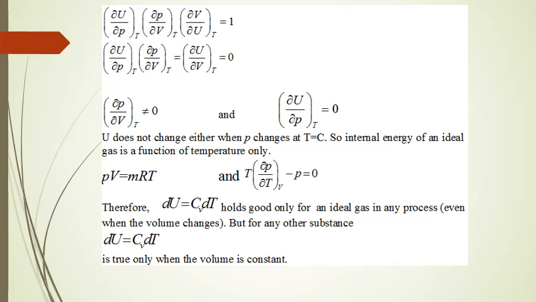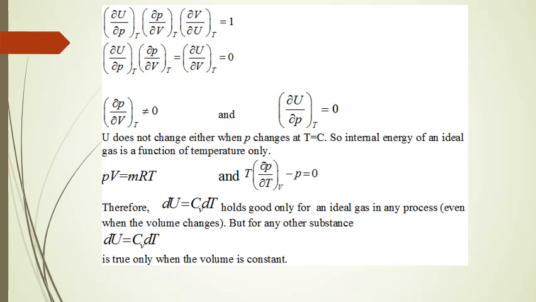So del P upon del V when temperature is constant can never be 0 because it is the slope of an isothermal process and it can never be 0.